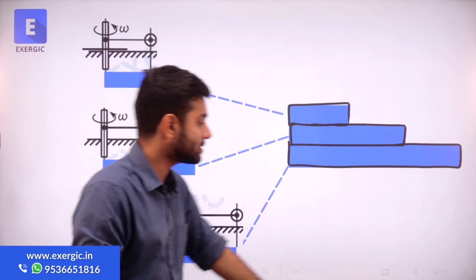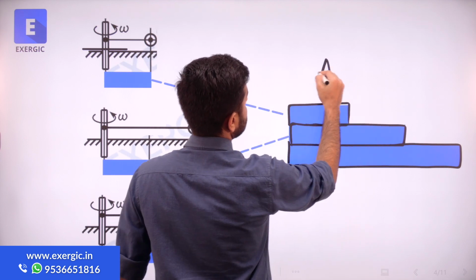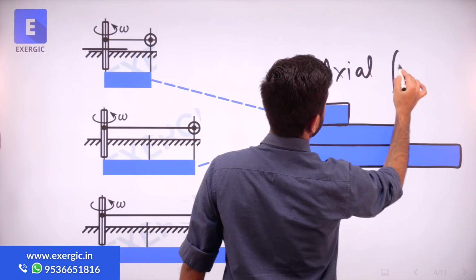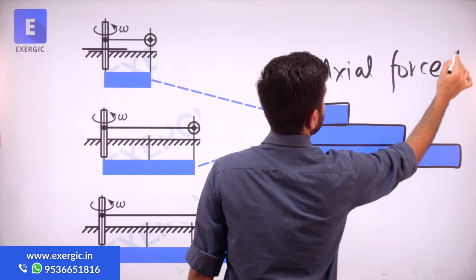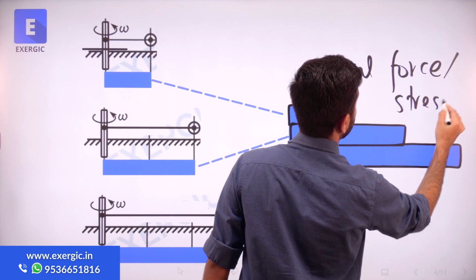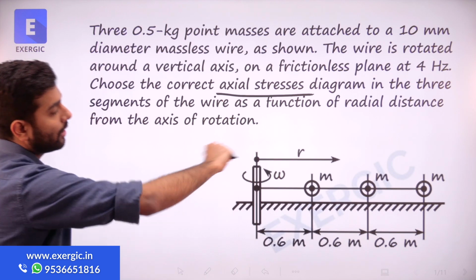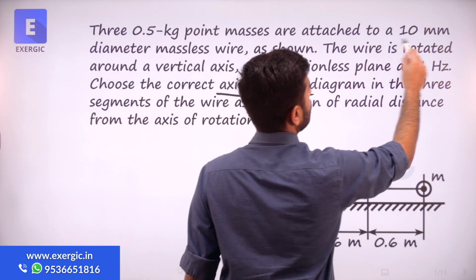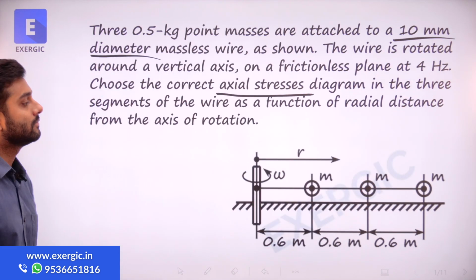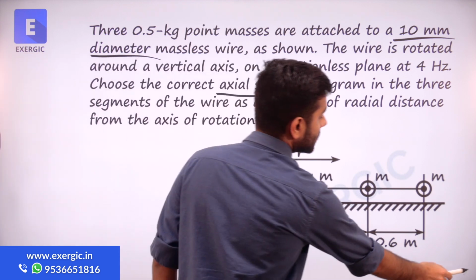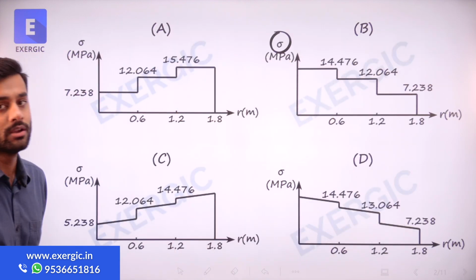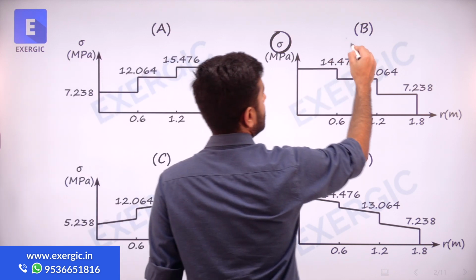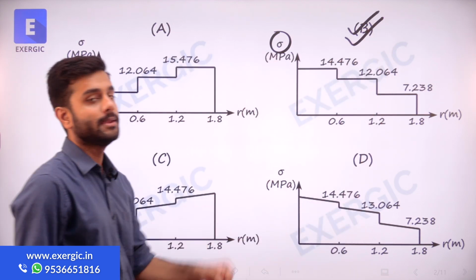Because the diameter is constant. If this is the variation of axial force, the same will be the variation of axial stress if the diameter of the wire is the same throughout, which it is. The question has given you 10 mm diameter for the wire. You have got the answer. Out of all these 4 options, only one option has such a variation, which is option B.